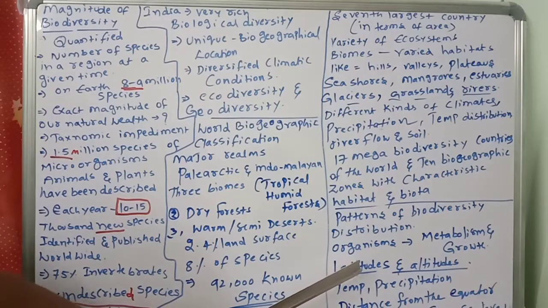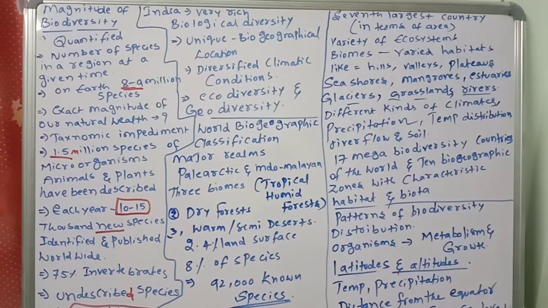In that, latitudes and altitudes are very important. Temperature, precipitation, distance from the equator, altitude from sea level all decide the biodiversity. And these altitude gradients are very useful for biodiversity. How the pattern of biodiversity distribution works with latitudes and altitudes, we will discuss in tomorrow's class.